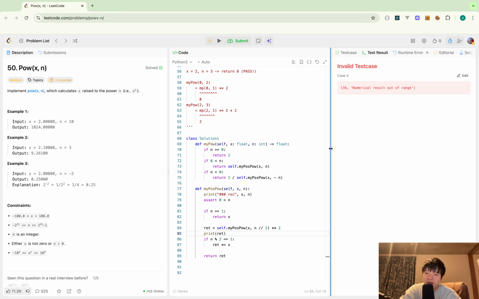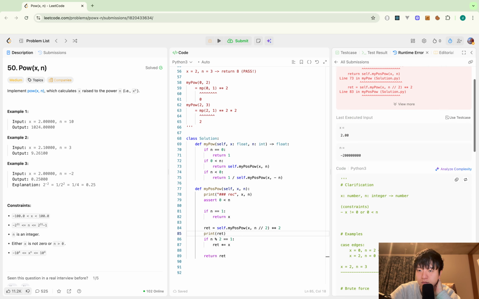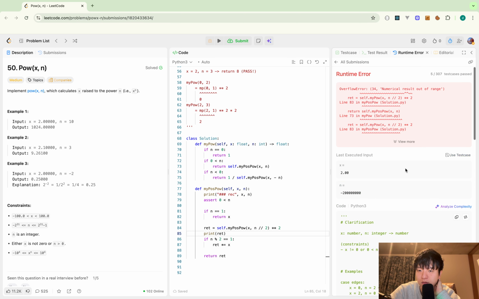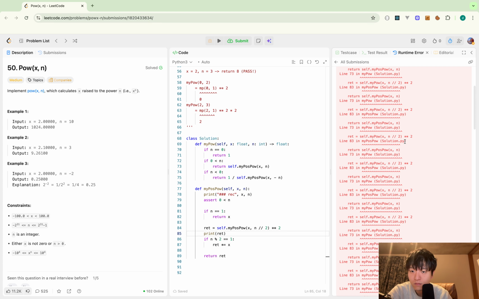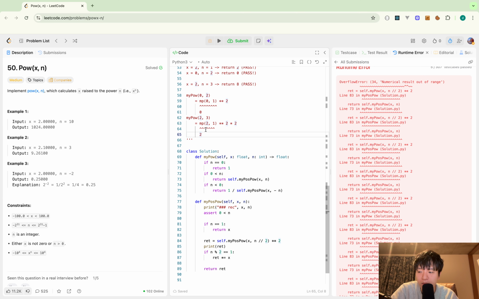So, sorry, it doesn't work. I actually don't understand what this error means exactly. But let me think how I can avoid this deep recursion.